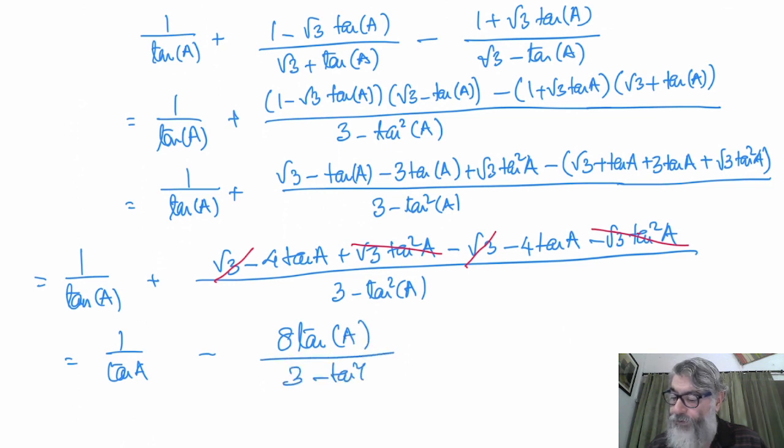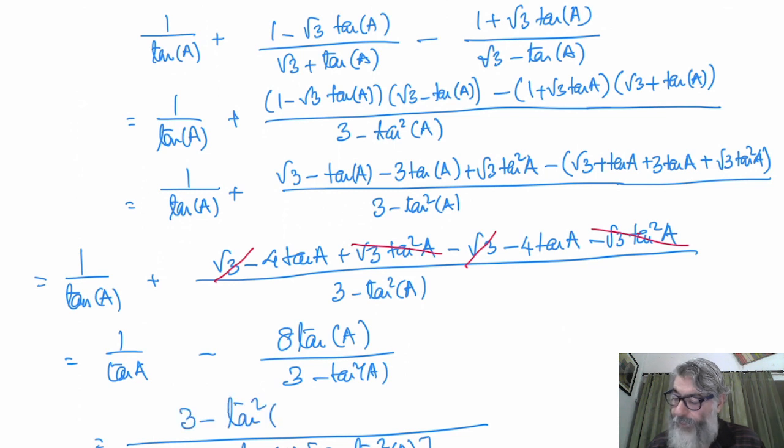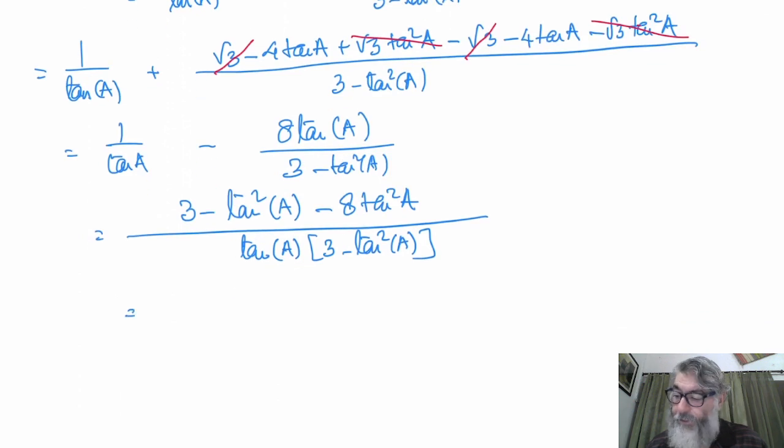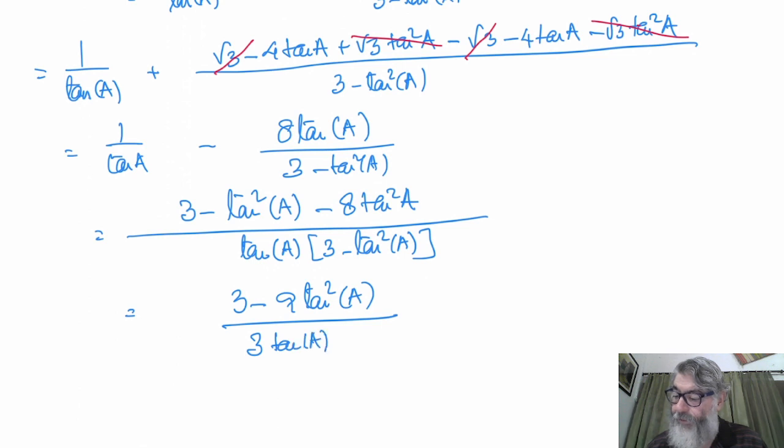Now let us solve these two. Take the LCM: tan A into (3 minus tan square A). It will become 3 minus tan square A and minus 8 tan square A. It will become 3 minus 9 tan square A upon 3 tan A minus tan cube A. In this, 3 can be taken out common.